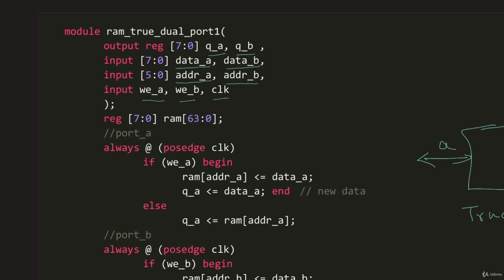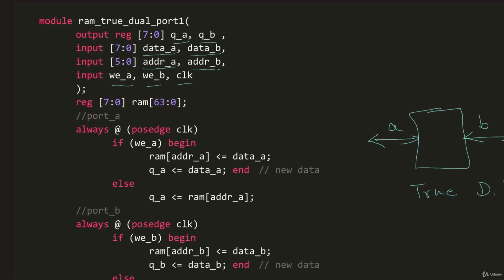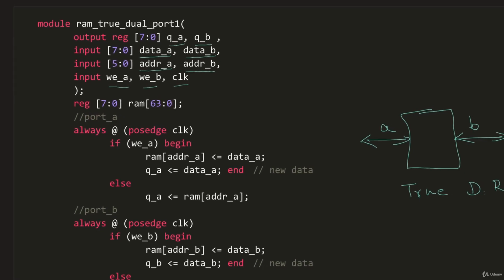Here we've used a single clock. We can also choose to use a dual clock, but that just makes the design that much more complex. But since we have a dual port, we can have one clock and synchronize both the reads and writes from both the ports.